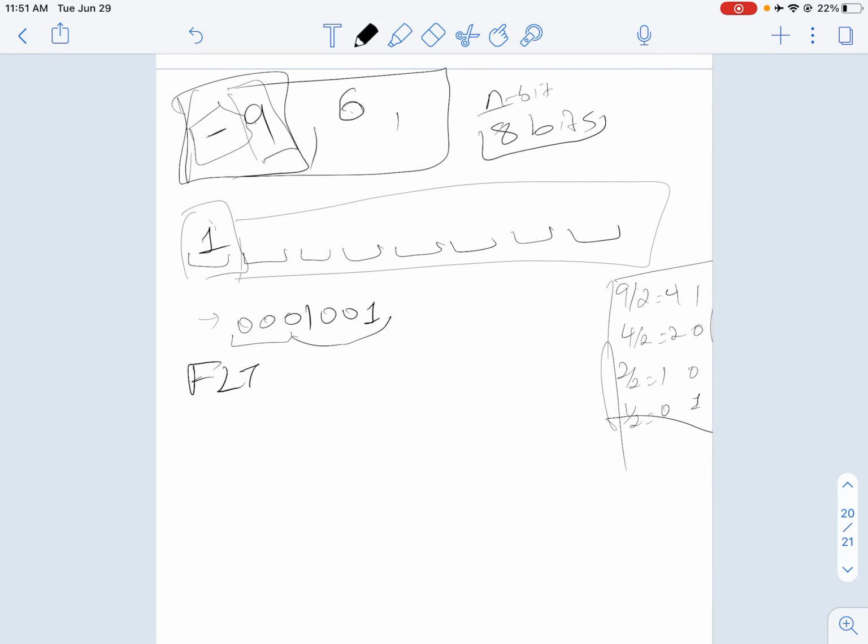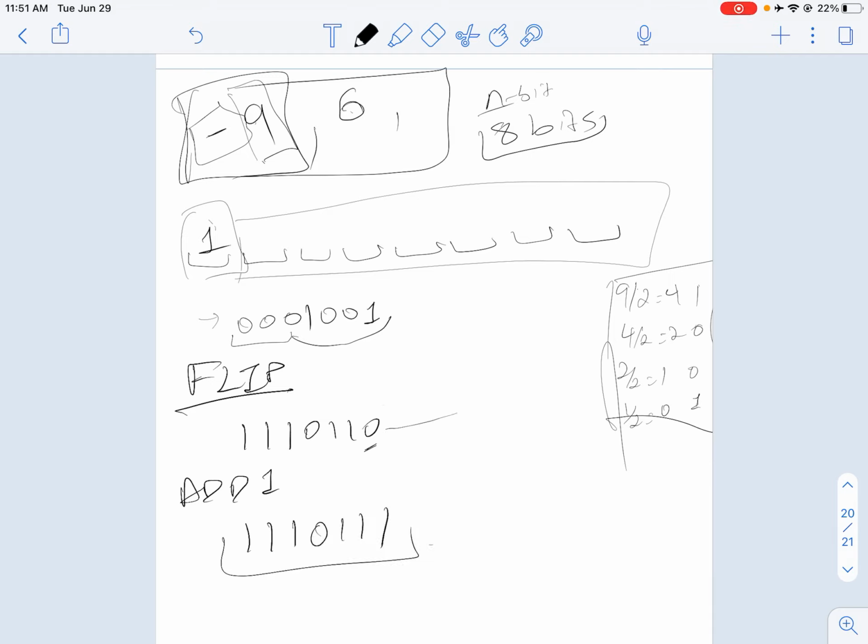Now the next step is to flip, which gives 1 1 1 0 1 1 0. The next step is add 1, which means changing the next available 0 to 1. There's nothing after this, so no carry out, so 0 1 1 1, and then I write this back here.